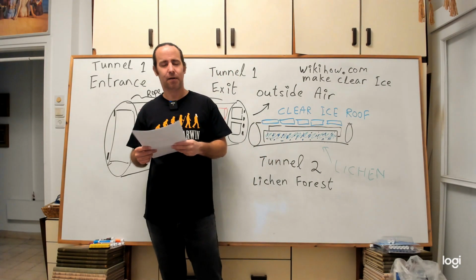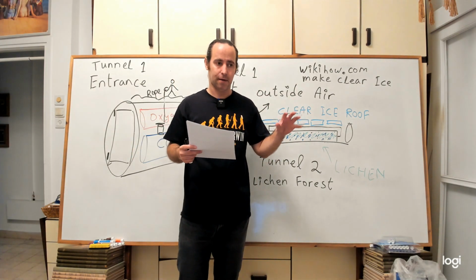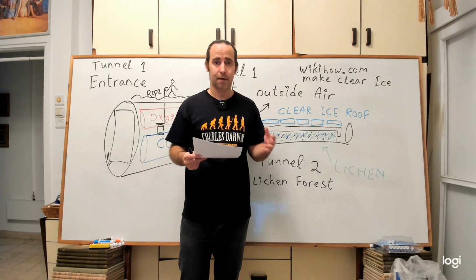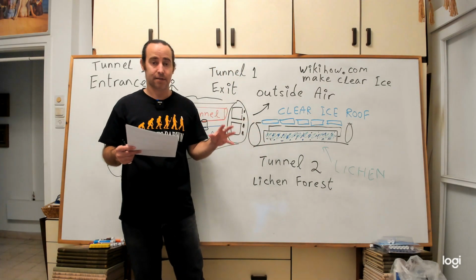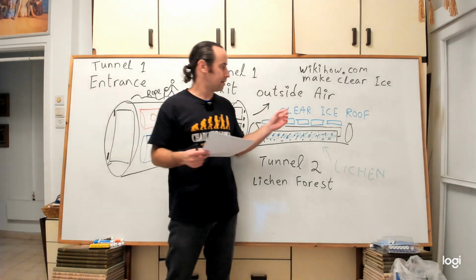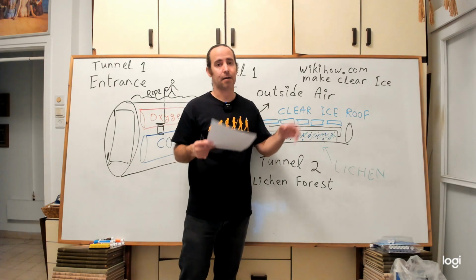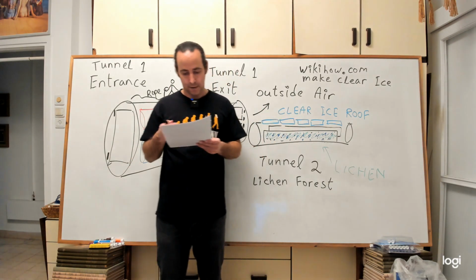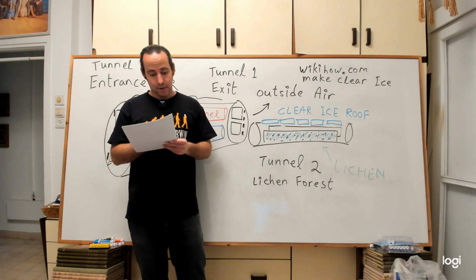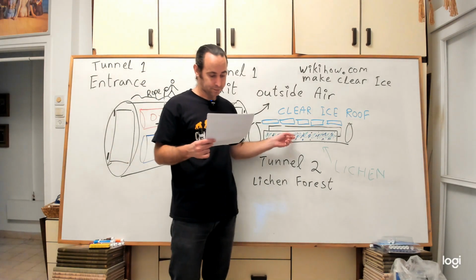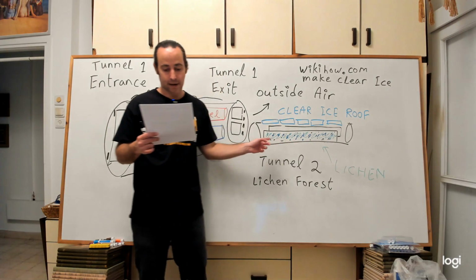I don't remember anymore, but I think it's how fast you make the process. If you freeze it slowly, then it's clear. The bubbles have time to escape. But I don't remember.